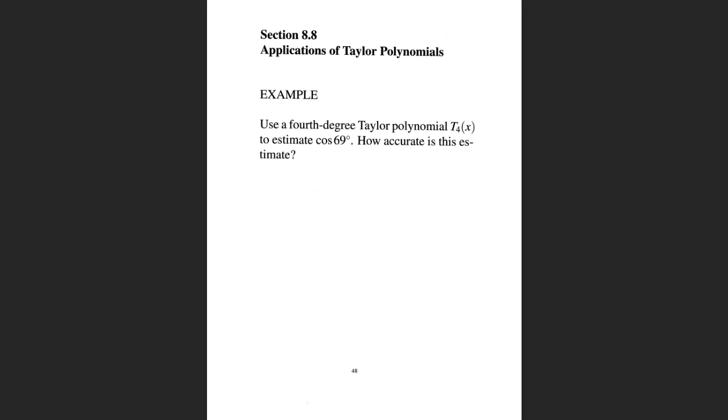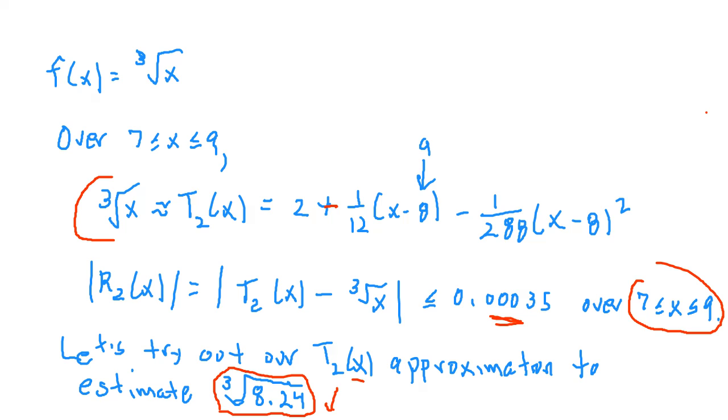Let's go to the whiteboard. All right, cosine of 69 degrees.